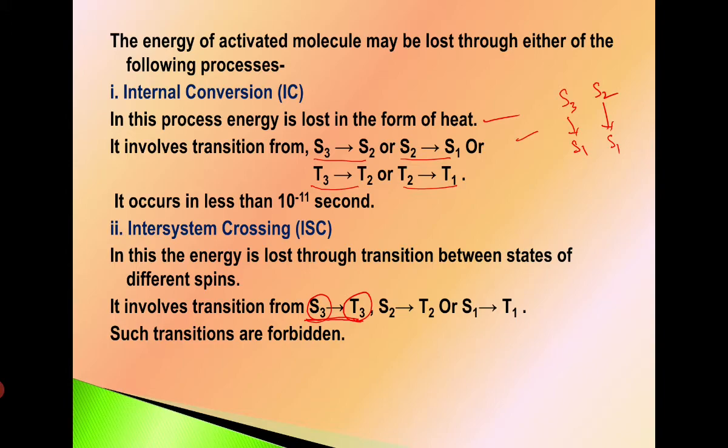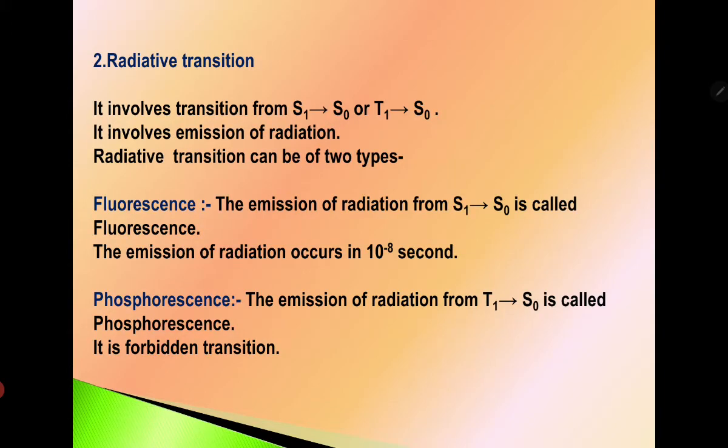S3 to T3, or S2 to T2, or S1 to T1. These transitions are forbidden. Transitions between singlet to singlet or triplet to triplet states only are allowed transitions. Next, radiative transition.